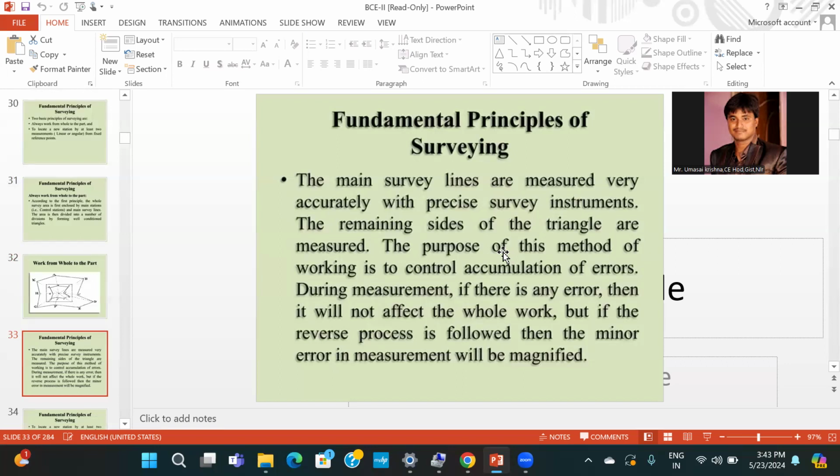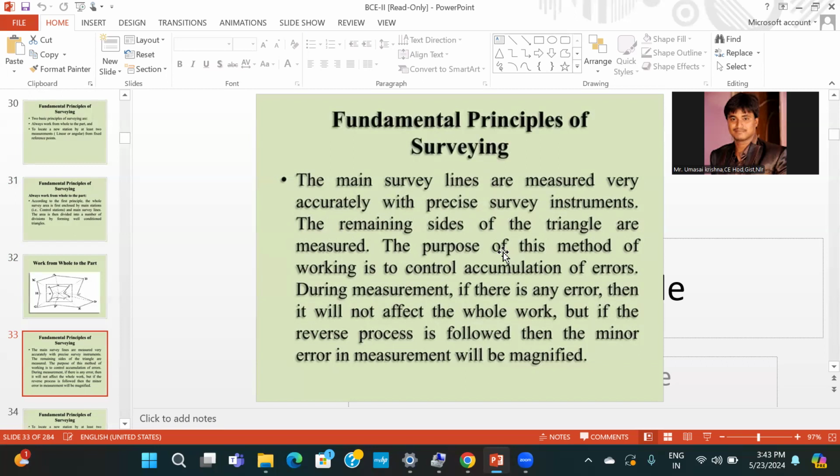So here the main survey lines are measured very accurately with precise survey instruments, and the remaining sides of the triangles are measured. The purpose of this method is to control accumulation of errors, to reduce the errors. During measurement, if there is any error, then it will not affect the whole work.